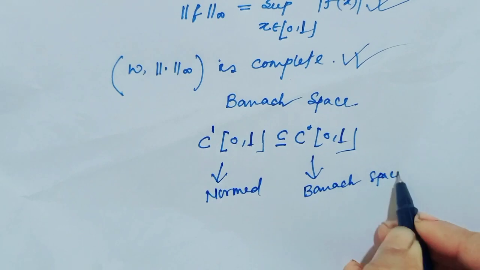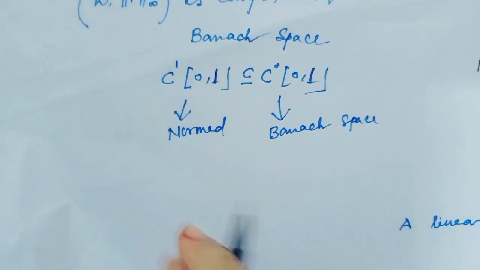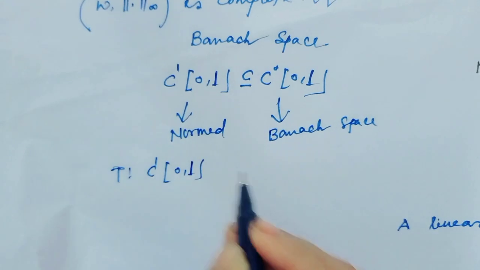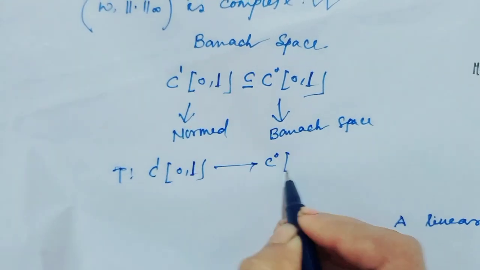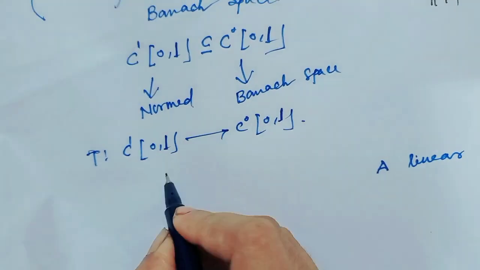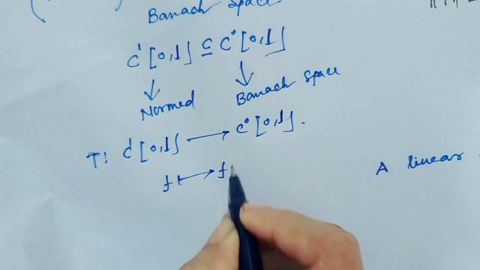Now consider a mapping T from C^1[0,1] to C[0,1] such that f maps to f prime.